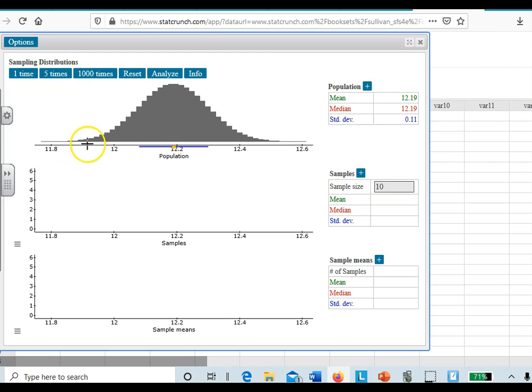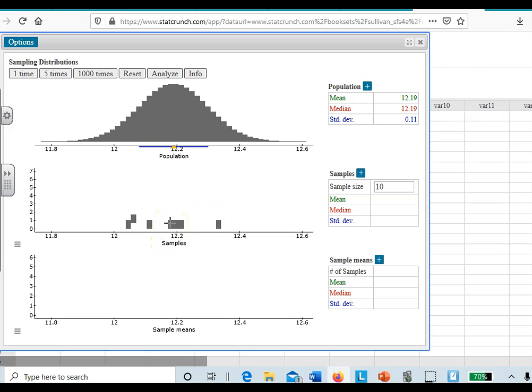All right, so here's our original population. We're going to take a sample of size 10, and this is going to show us the different values that are being chosen. Since we're taking samples of size 10, you can see that these are all just randomly being chosen. Because most of our data is somewhere in the middle, we would expect most of the values that we randomly choose to be somewhere here.